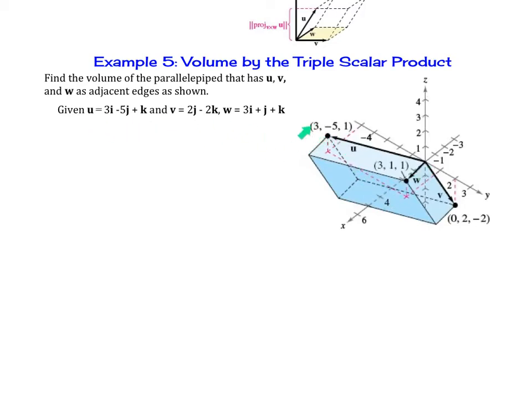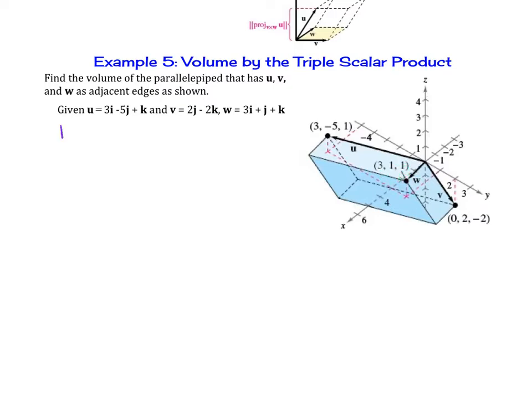So notice u is 3, negative 5, and 1, so that's written as 3i minus 5j plus k. Then v here is 0i, 2j minus 2k, and w is 3i plus j plus k.